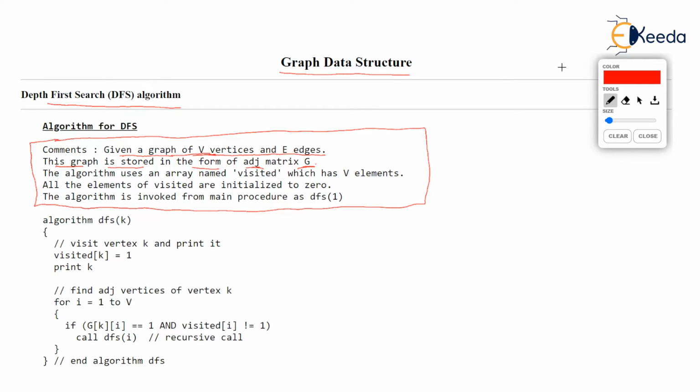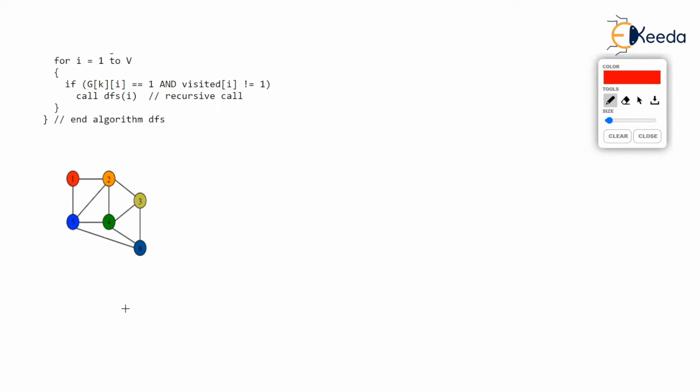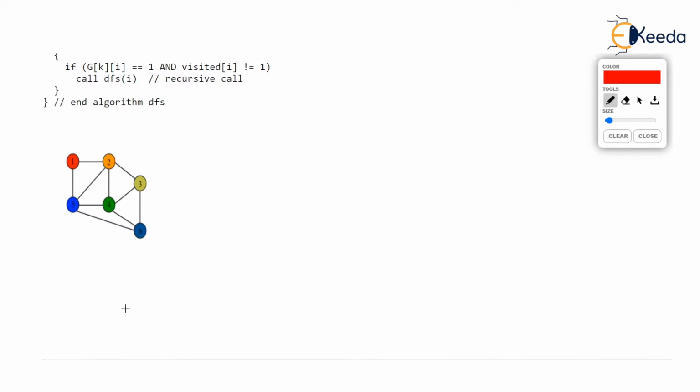The algorithm that we have written is using matrix notation. So coming back to the graph that we are going to consider, this graph will clearly be stored in the form of an adjacency matrix, isn't it?